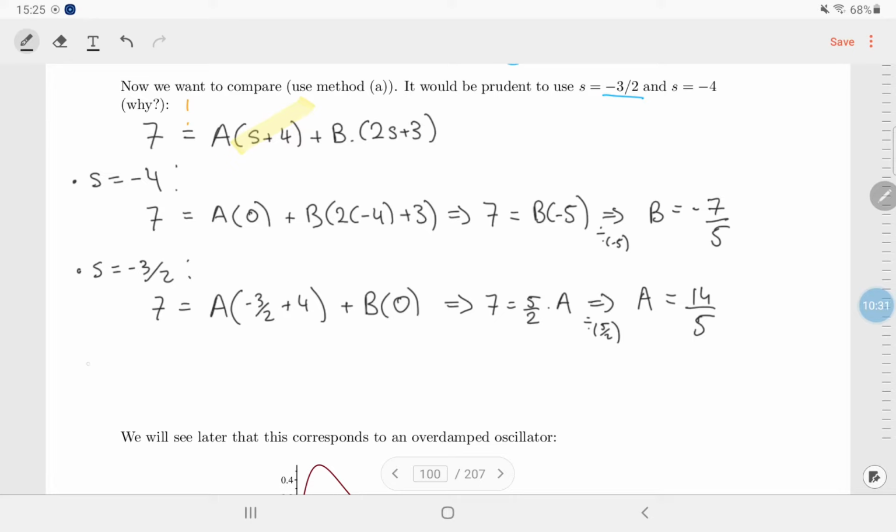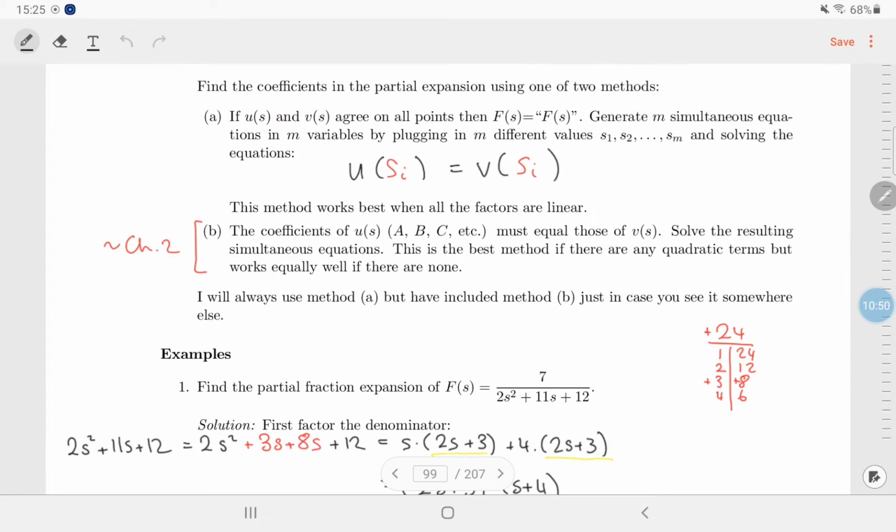And therefore you find that's the original thing we had, the complicated thing, which was even more complicated because it wasn't factorized. 12 is equal to big A, which is 14/5 over, I'll have to go back and check which one A is related to.